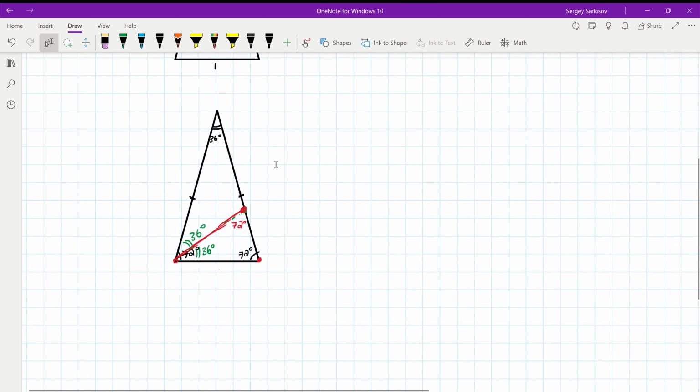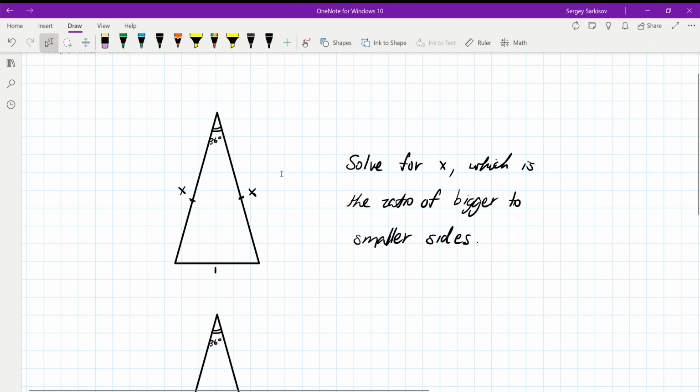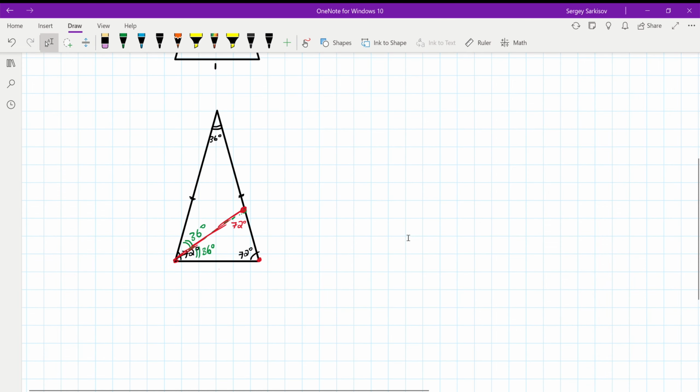So let me show you. Because it's x over 1, that's why I set the base equal to 1, so it'll be easier, with less computation and writing. Watch this. We have this as 1, and this is x.